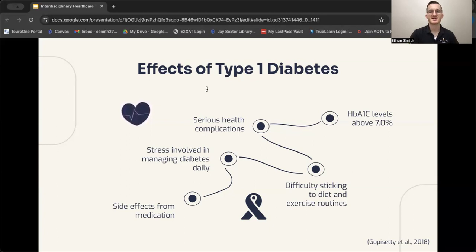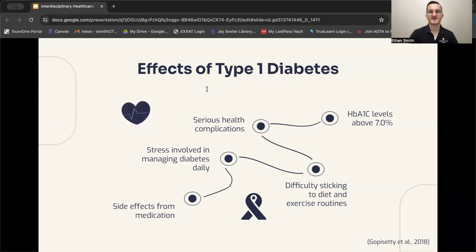In the same study, participants with type 1 diabetes identified the 5 biggest barriers to their diabetes management as the following: cost of medications and devices and care, stress involved in managing diabetes, side effects from diabetes medications, difficulty sticking to diet and exercise routines, and daily medication management.